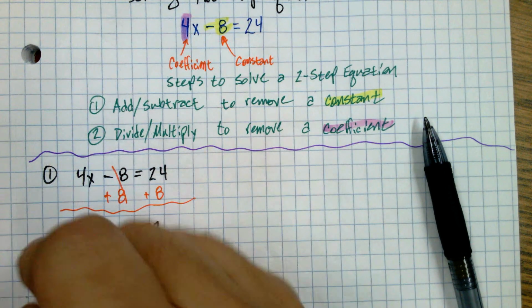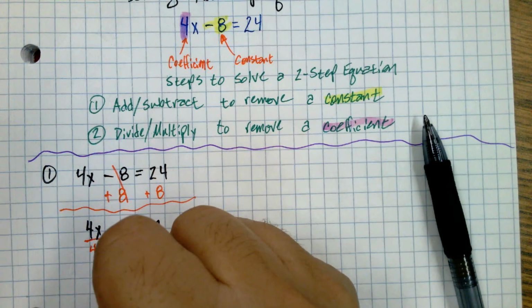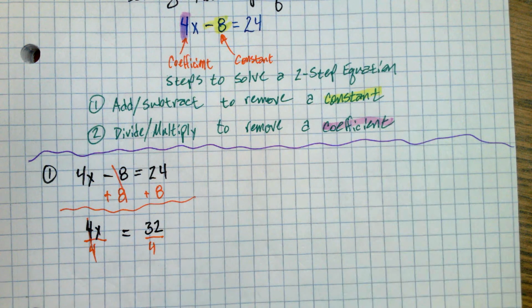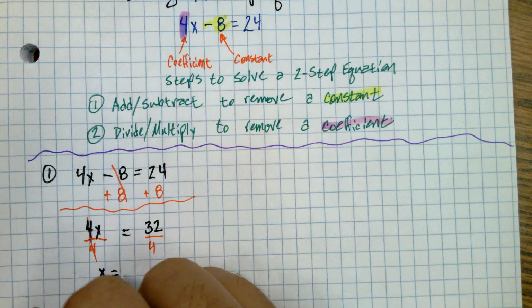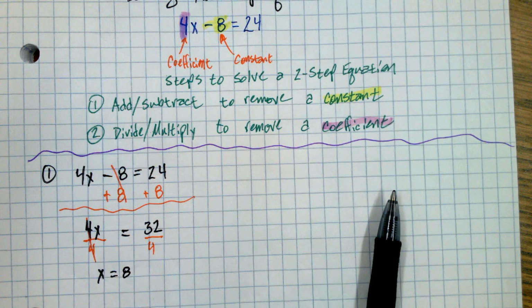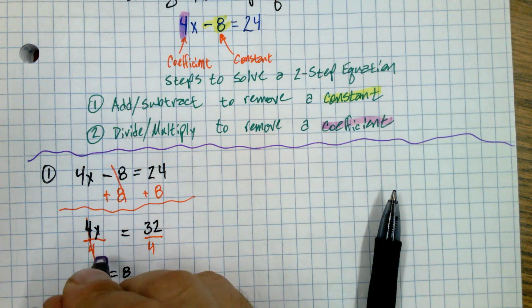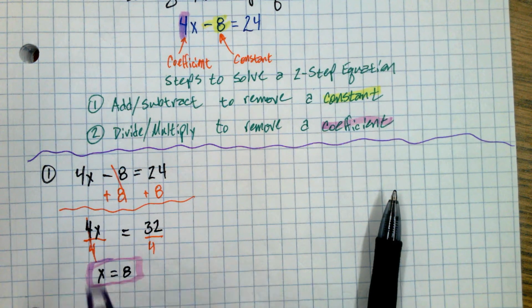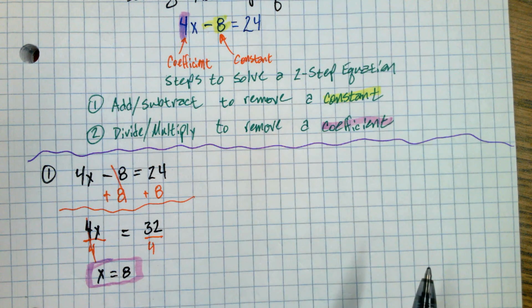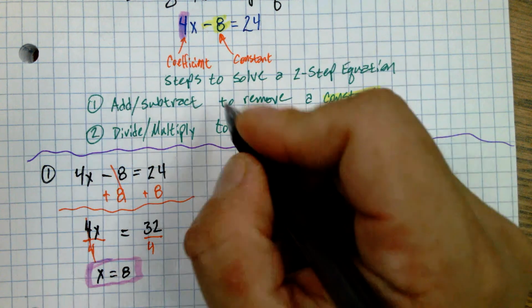We're going to divide by 4. And as we all know, 32 divided by 4 is 8. And that's it. Done with that one. Now they'll get a little more complex in this, but this is the basic idea.